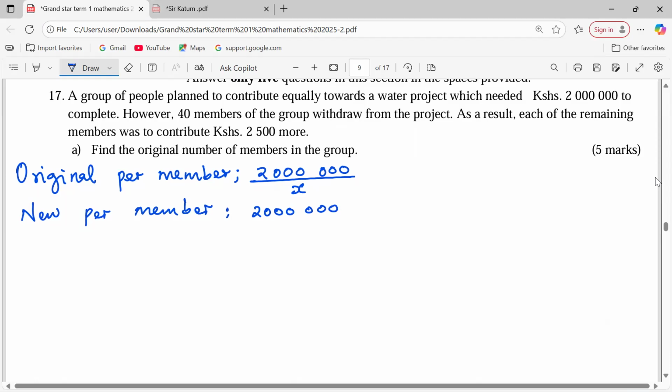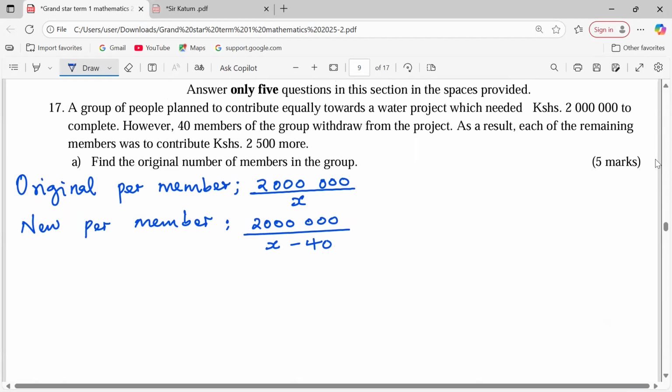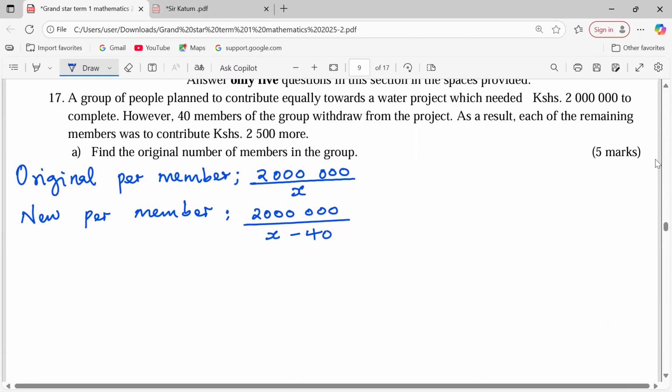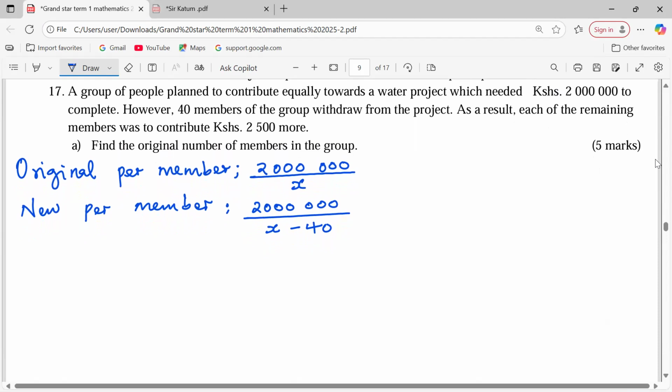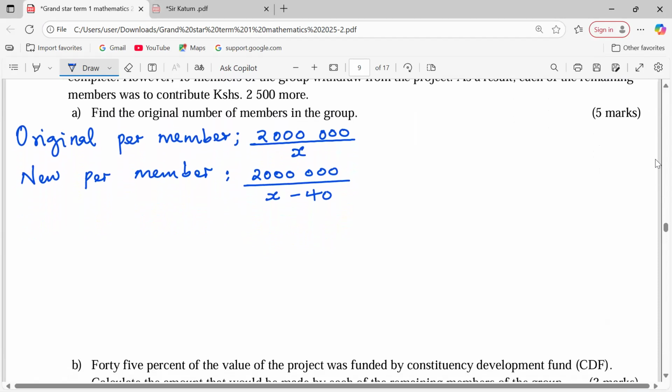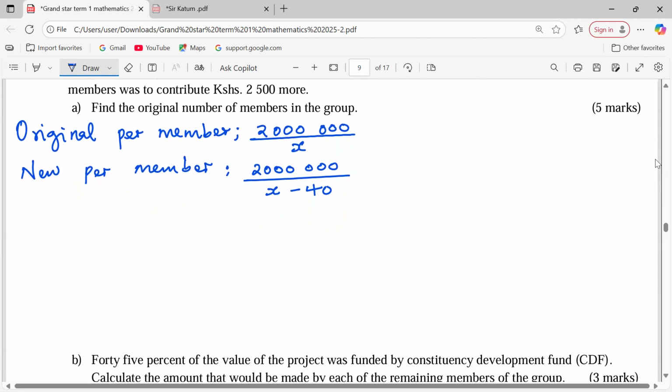So they are now total X minus the 40 who withdrew. So this is the new expression for the total amount that will be given now by the remaining number per head. Then now we can say the original amount is smaller per person. The new amount per person is now greater.